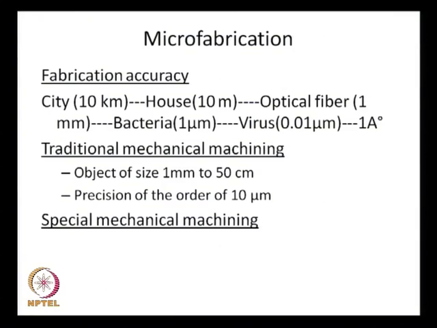Whereas, where the optical fiber is located, you need to say within 1 millimeter. So, length scale is important, and what your objective is, the length scale also varies. Similarly, you have the dimension of bacteria, virus, and all the way going to 1 angstrom, which is something that we are aware of.